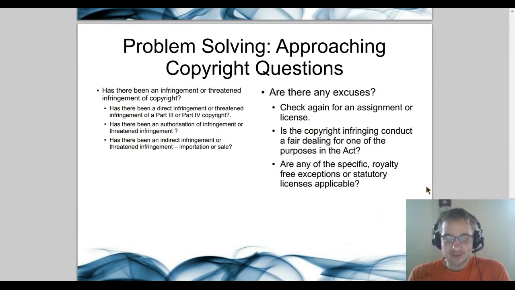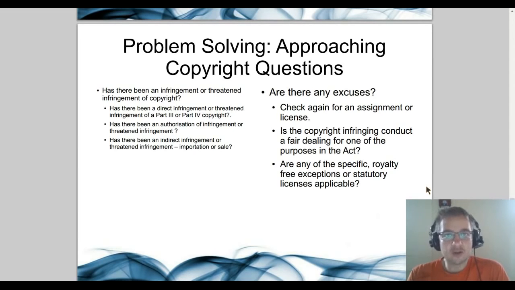Then you come to the tricky parts. After identifying all the works, you have to look at all the potential forms of infringement. And you need to go through the facts fairly carefully and make sure you don't miss potential actions of infringement. Because usually, in a particular subject matter, there'll be more than one copyright work.